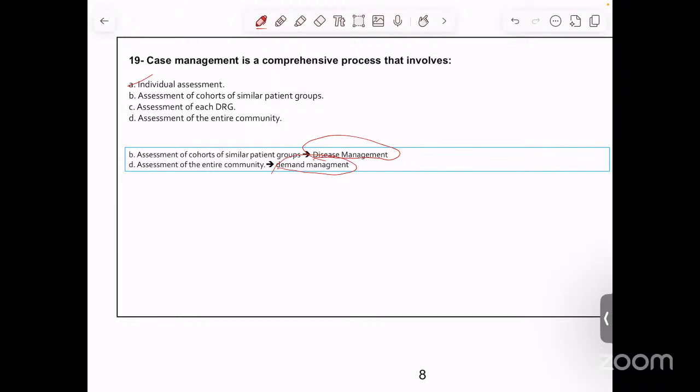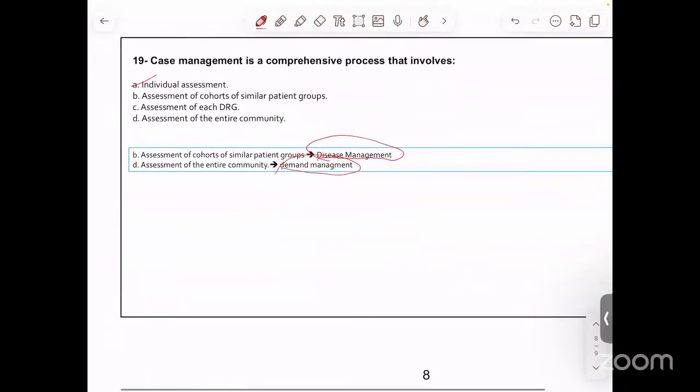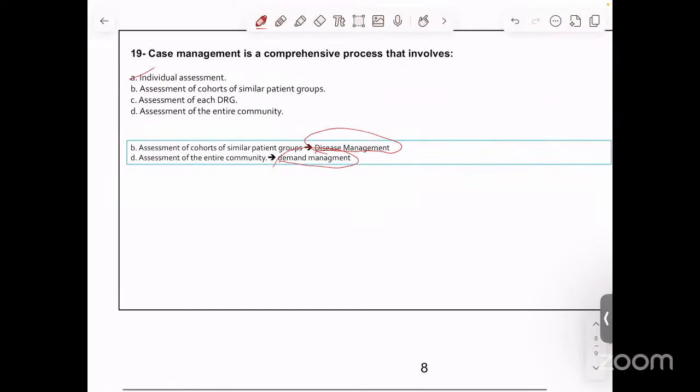Assessment of each DRG: what is the meaning of DRG? It is a diagnosis related group. This is incorrect because diagnosis related group assessments pertain to resource allocation and billing, so not a comprehensive care of individual patients. Letter D, assessment of the entire community, is incorrect because this pertains to demand management. Clear? Case management is a comprehensive process that involves individual assessment.